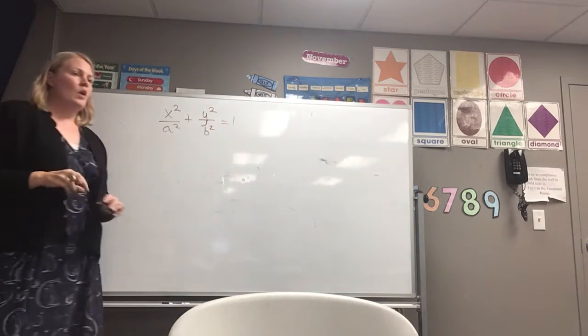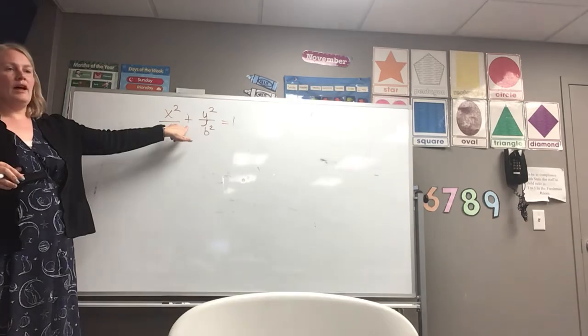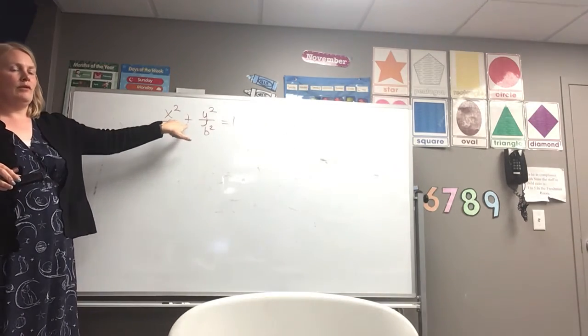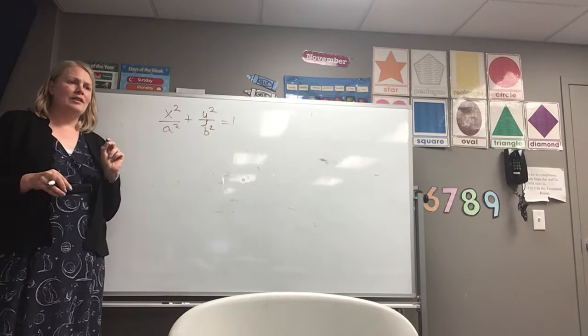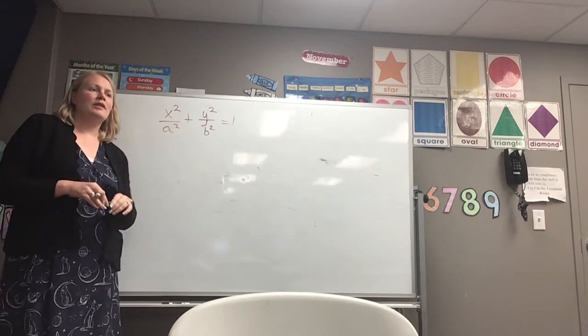It always equals 1, and it's always going to have plus in between them. If you've got a subtraction sign, you've got a hyperbola. Have not seen hyperbolas on the ACT, so we're just going to focus on ellipses.